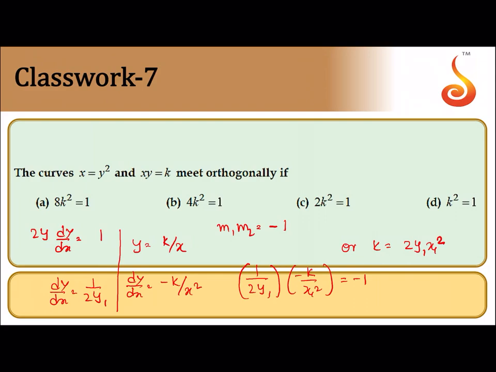So what is the product of the slopes? 1 by 2y1 into minus k by x1 square is equal to minus 1. Or you can write k equal to 2y1 x1 square. We got this one.